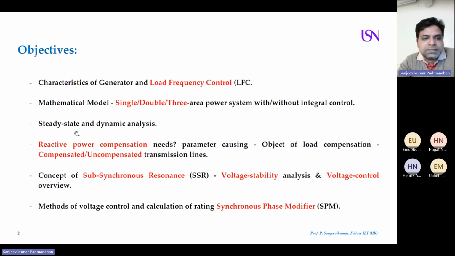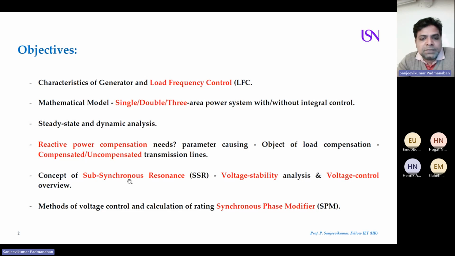We are going to look at steady state and dynamic analysis and reactive power compensation, why it is required in power systems, and the objective of load compensation, which is very important. In two ways we are going to look: one is on compensated and uncompensated transmission lines.